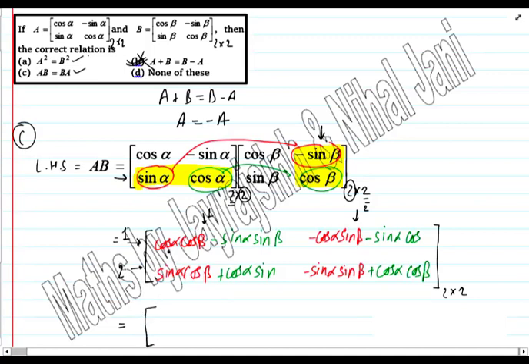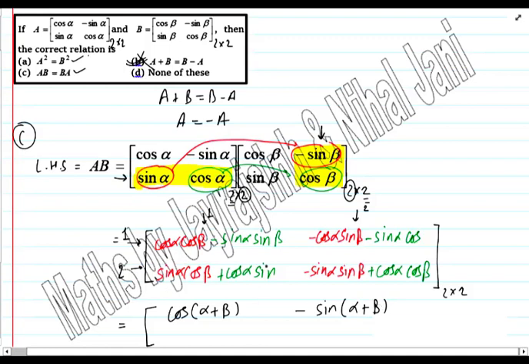If you see carefully, in the first element we have cos alpha cos beta minus sin alpha sin beta, which is actually cos(alpha plus beta), right? Okay. Now the second element, if we take minus common, then it will give the formula of sin(alpha plus beta).